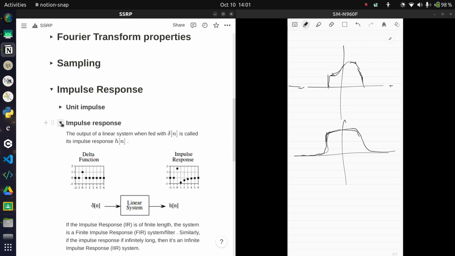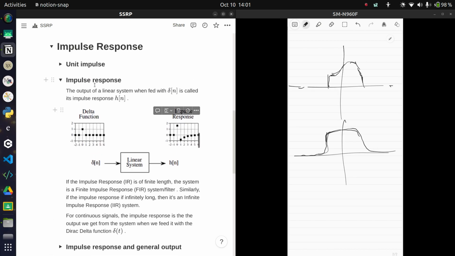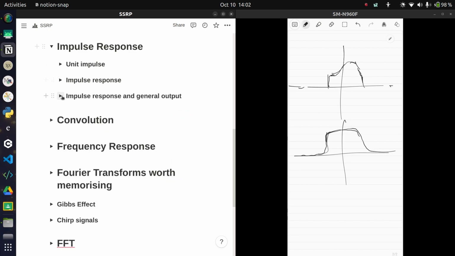An impulse response is the response of a system to the impulse. Pretty descriptive, right? If your system spits out y of n given x n, then given delta n, it will spit out h n. Easy as that, and that's actually all you need. This is also defined for continuous systems the same way. If you feed it delta t, it will spit out h t.